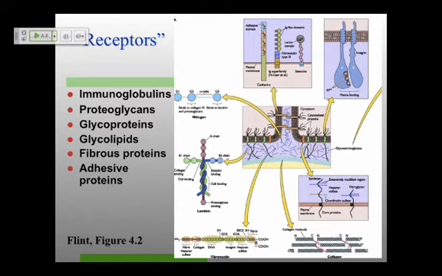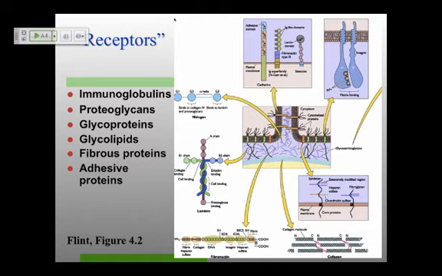We've got proteoglycans, glycoproteins, glycolipids, virus proteins, adhesive proteins. Basically anything that's on the outside of a cell can and has been used by various different viruses as virus receptors.